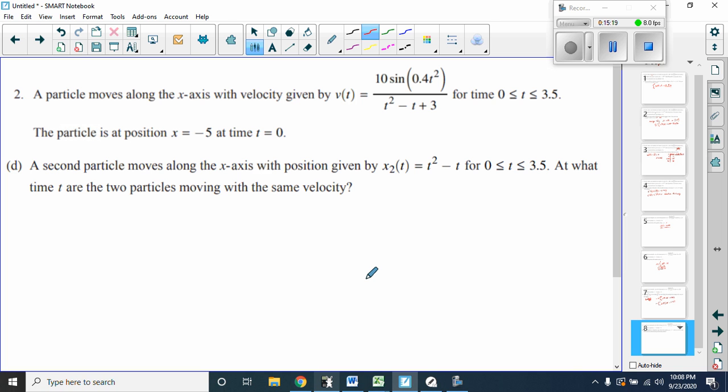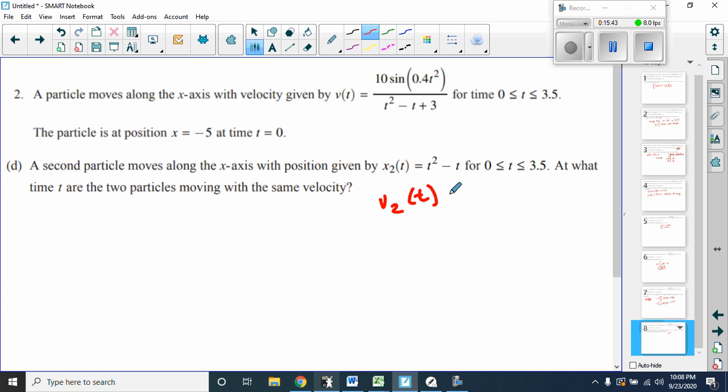And last, part D says we've got another particle. Its position is given by t squared minus t. It wants to know at what time the two particles are moving with the same velocity. So this time we're given position, so we should probably get the velocity of this second particle.